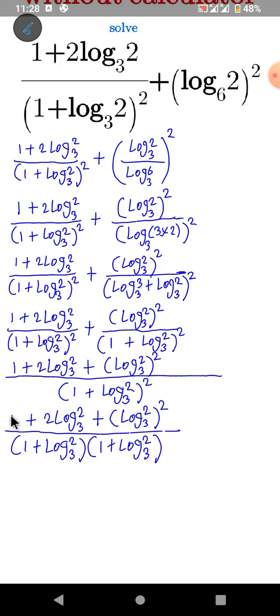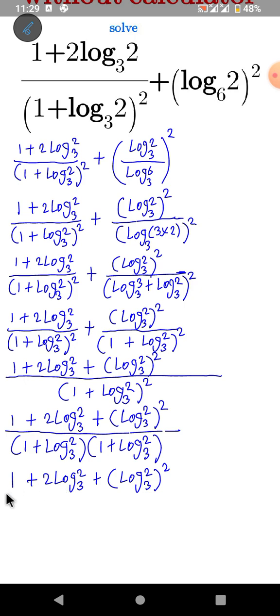Then we'll continue again. I'm going to write this. So say 1 plus 2 log 2 base 3 plus open bracket log 2 base 3 all square all over.